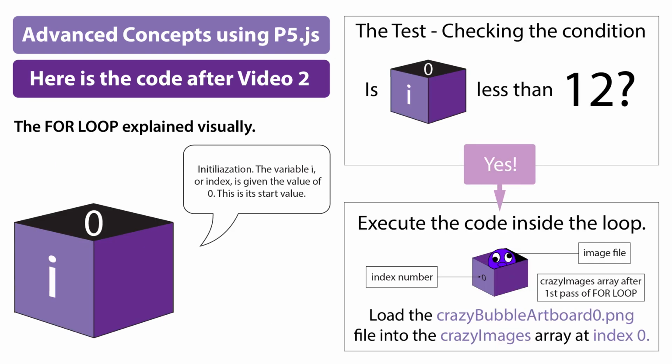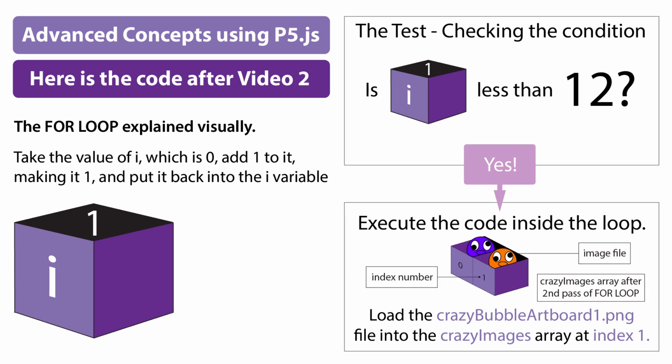Okay, so here we're giving I an initial value of 0. Then we're testing the condition. Is I less than 12? Yes. So we load the Crazy Bubble Artboard 0.png file at index 0 into the crazy images array. Then we add 1 to I. I is 1. Is 1 less than 12? Yes.